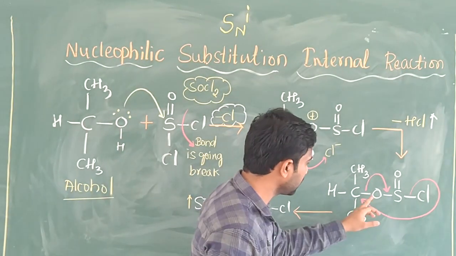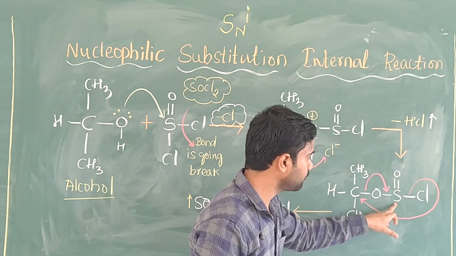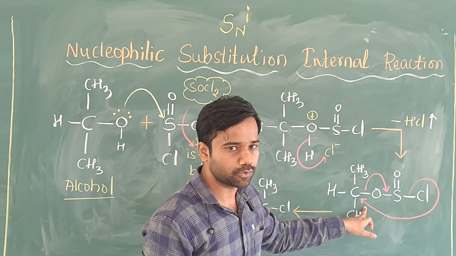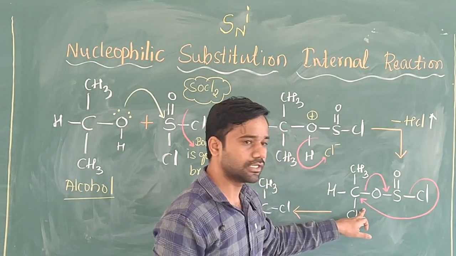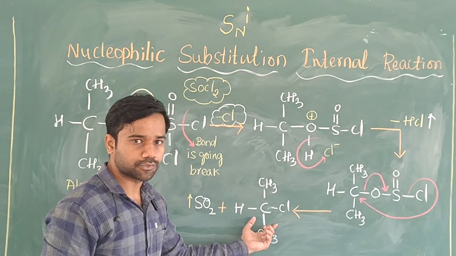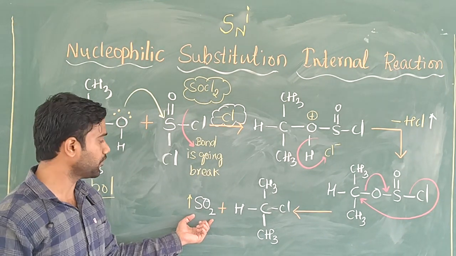What is the rearrangement here? This bond is going to shift onto the sulfur-bonded oxygen. The chlorine is going to attack this highly substituted carbon. The chlorine is going to substitute here. After this rearrangement, we get the substituted chloride compound and sulfur dioxide.